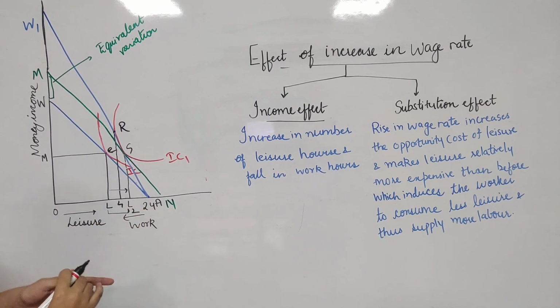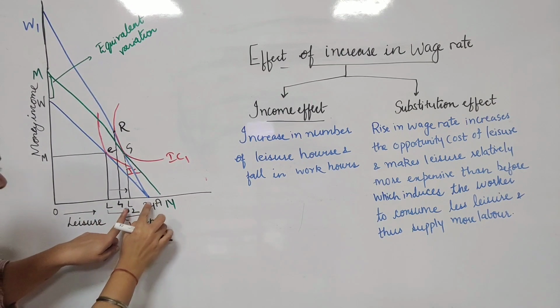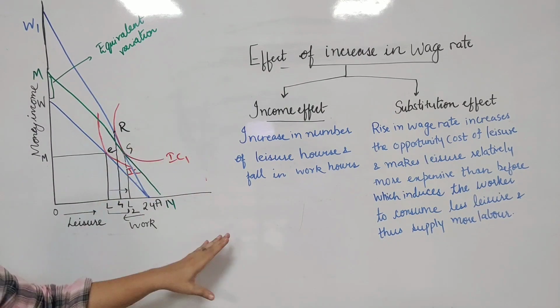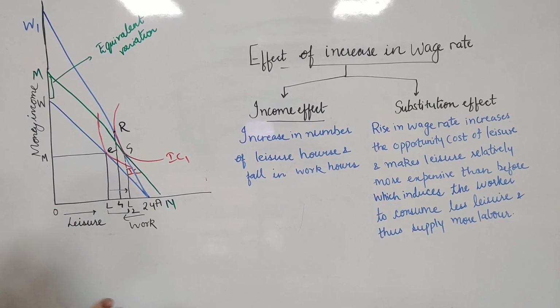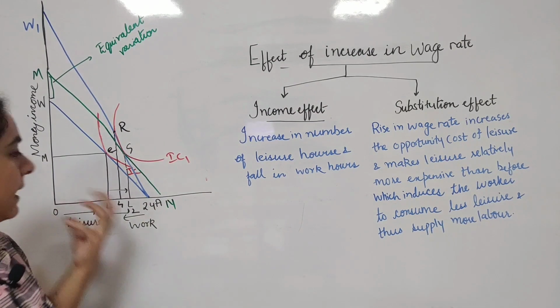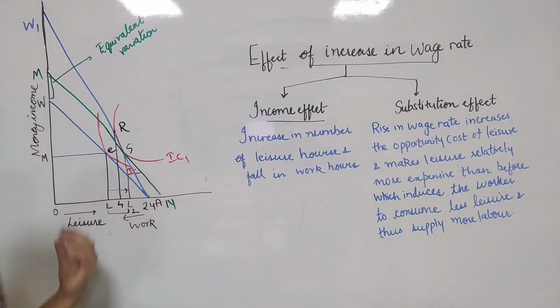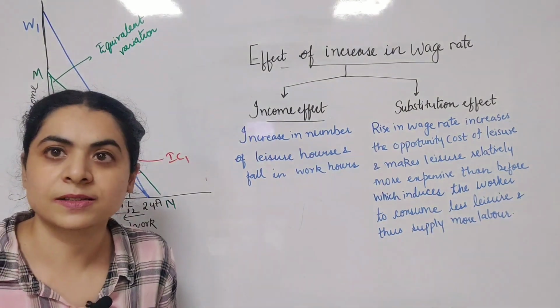So now the individual is working only for AL2 hours, and this is the income effect of the increase in wage rate, because he treats leisure as a normal good. So his preference is more for leisure and less for working hours.